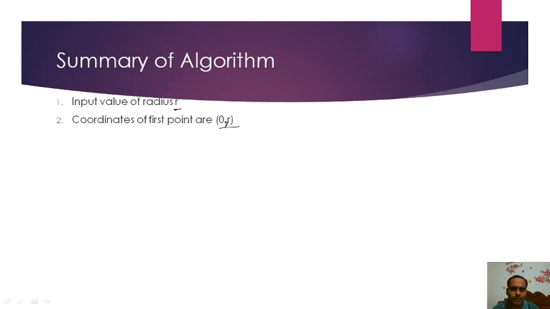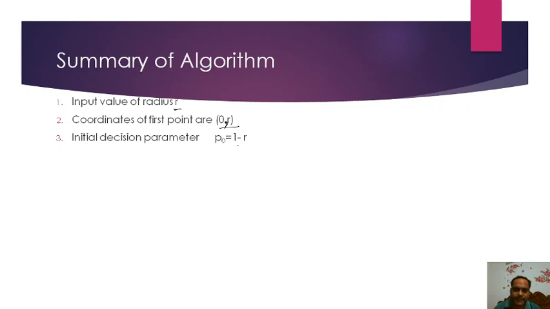This should be a comma, not a full stop. And afterwards we will calculate the decision parameter for the first time, called the initial decision parameter. This is equal to p0, and it is calculated using the equation 1 minus r.